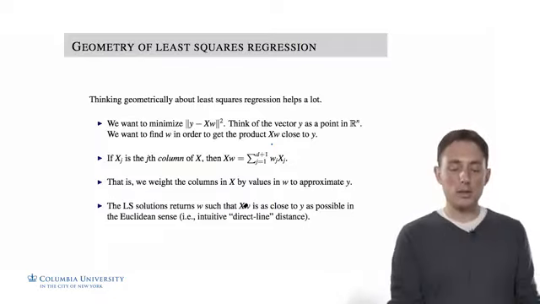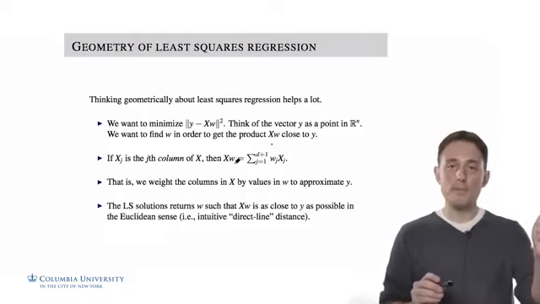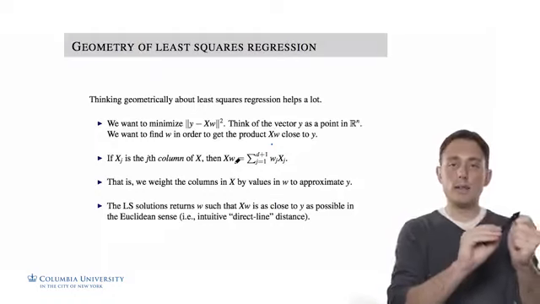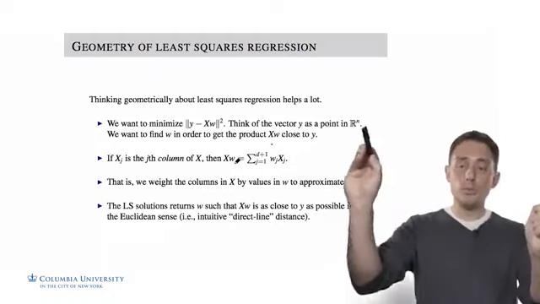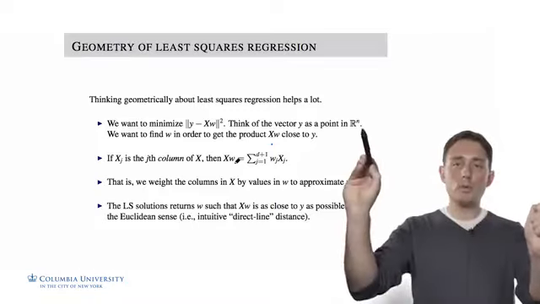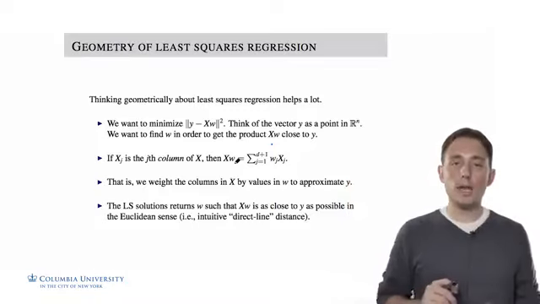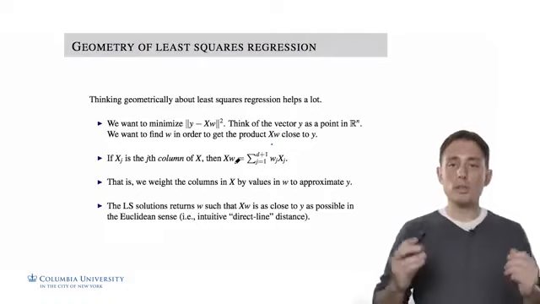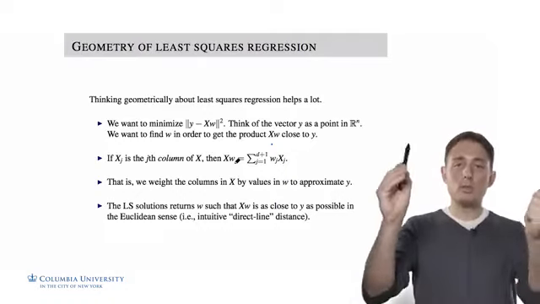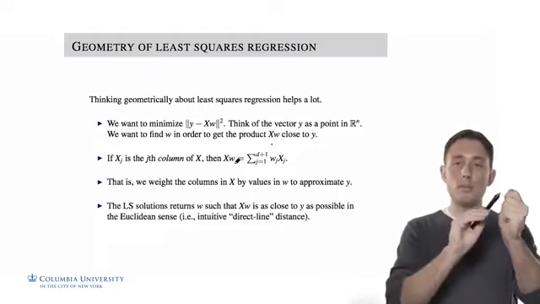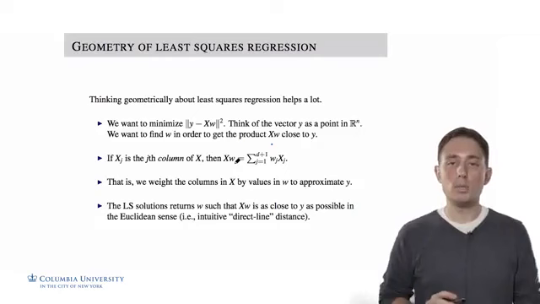So the vector constructed from Xw gives me a point in Rn, and then I basically ask what is the squared length of the line from that point to the point I'm approximating, which is y. I draw a line between the two, and I return the squared length of that line, and that's equal to the sum of squared errors. I'm trying to minimize that, so I'm literally trying to make the distance that I would have to travel in a direct line from my approximation to y as small as possible.